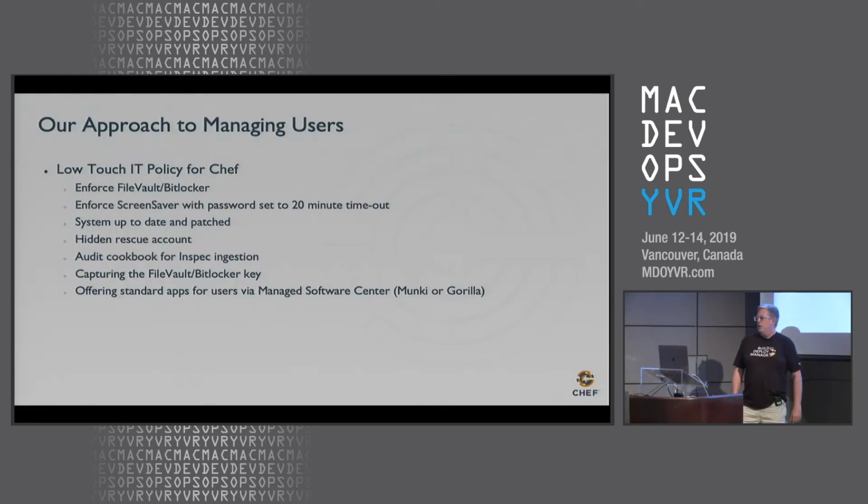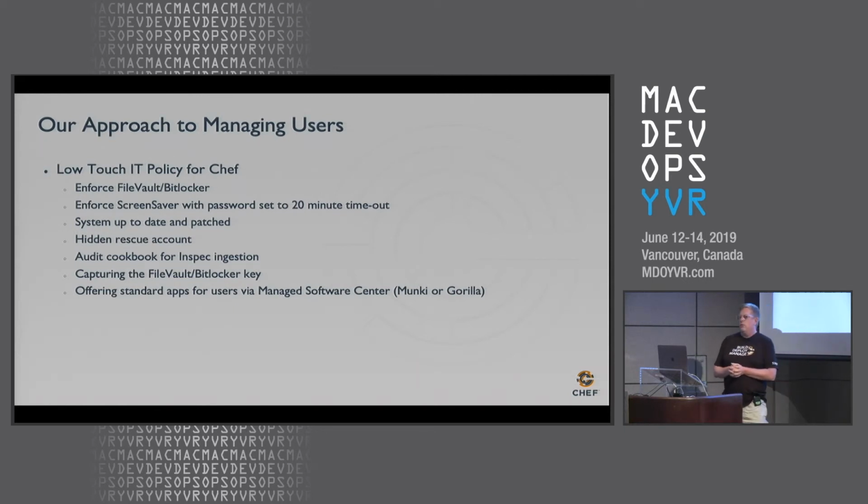The other thing, coming back to the users for a minute, and our approach to managing the users, was we wanted to be super low touch, encouraging, and open to what we're doing, so we're transparent, right? So the things we wanted to enforce for the laptops were either File Vault on the Macs or BitLocker on the Windows laptops.